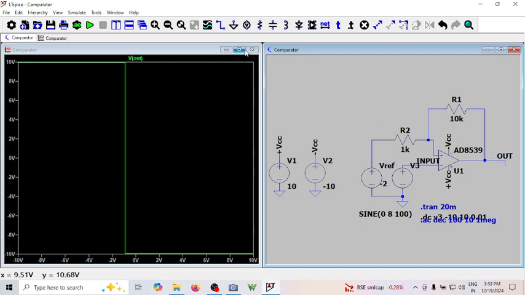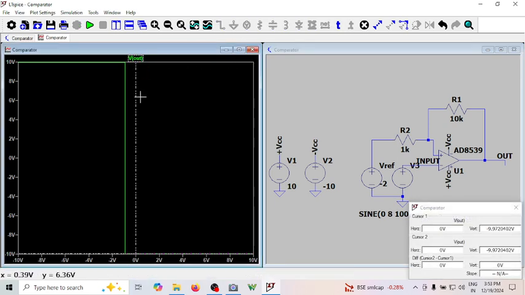See here, this transition has happened. So this actually corresponds to VTH, which on the x-axis is around minus 888 millivolt. That's what we got.